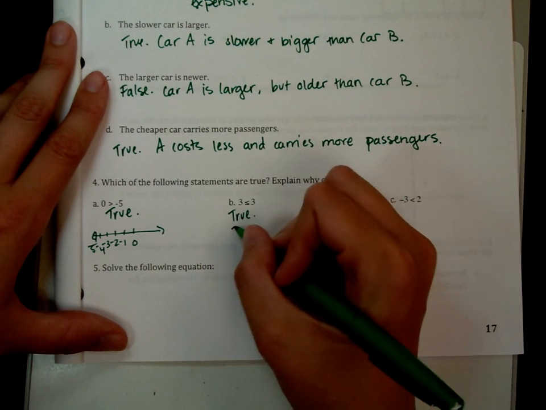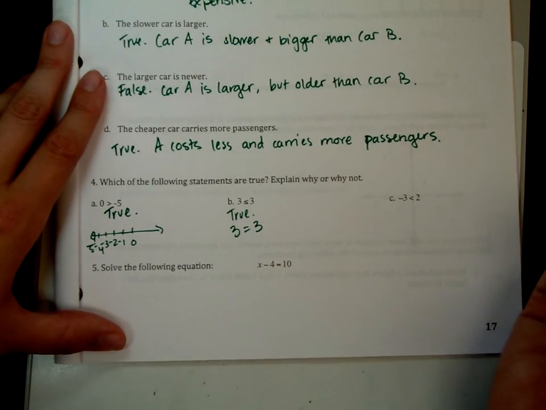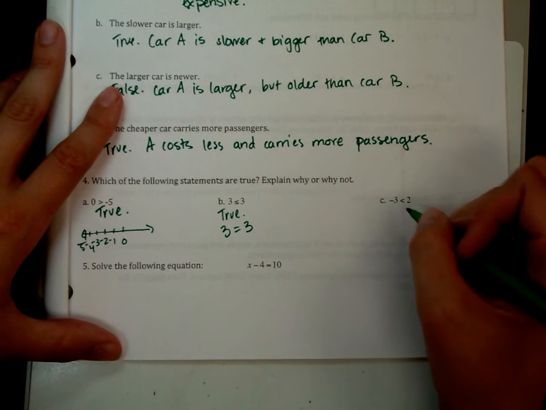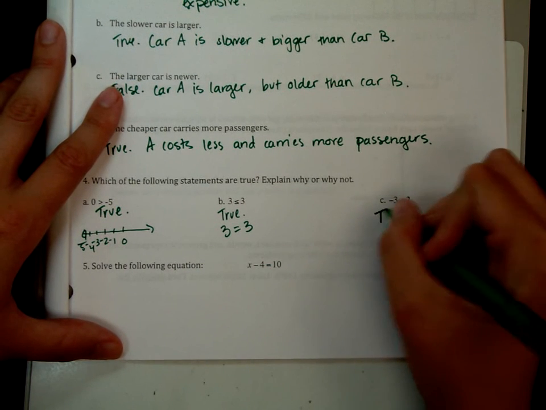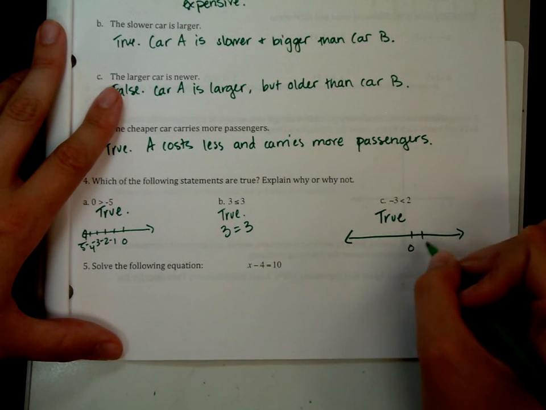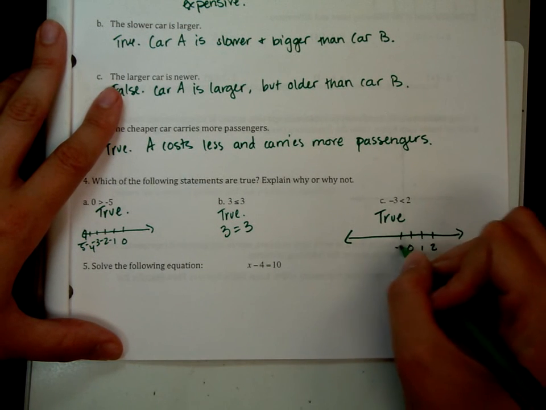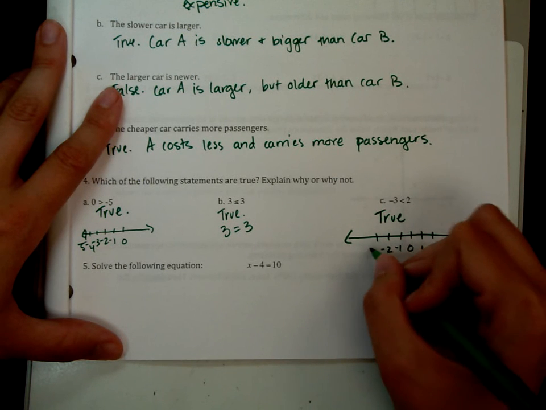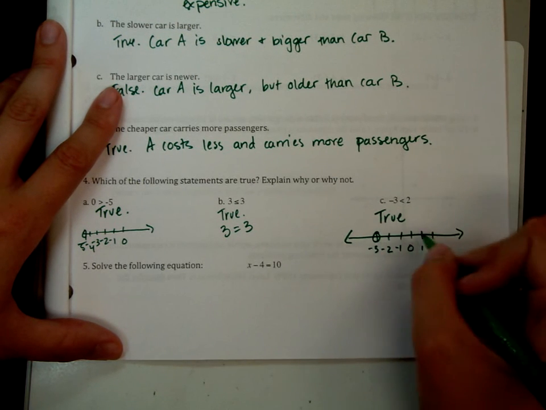True, 3 equals 3. -3 is less than 2. True. Again, on a number line, I've got 0, 1, 2, -1, -2, -3. -3 is less than 2 right there.